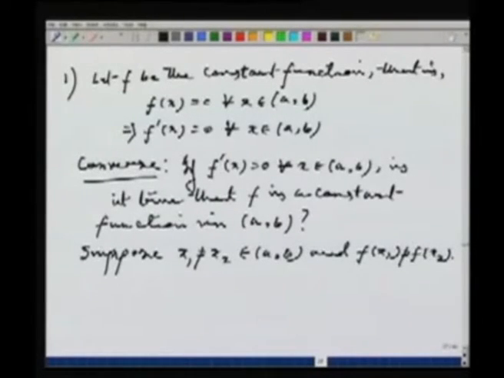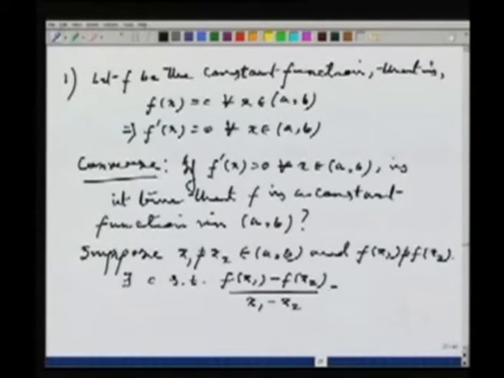Then I know by the mean value theorem there exists c such that (f(x1) minus f(x2)) divided by (x1 minus x2) equals f prime c. Now, since f(x1) is not equal to f(x2), the left hand side has to be non-zero because x1 is not equal to x2. This would imply that f prime c is not equal to 0. But this is a contradiction because I said that f prime vanishes everywhere.